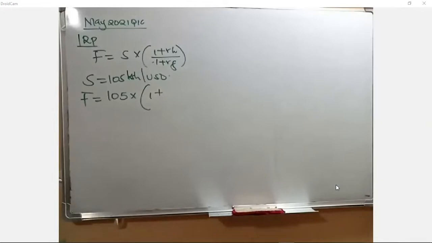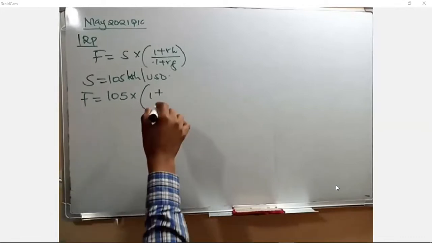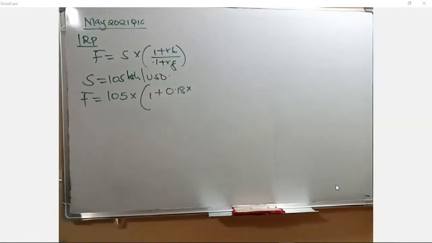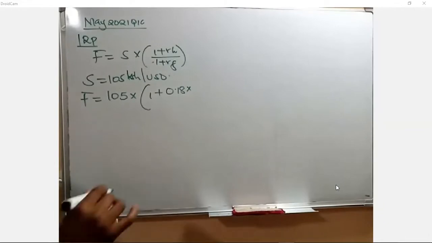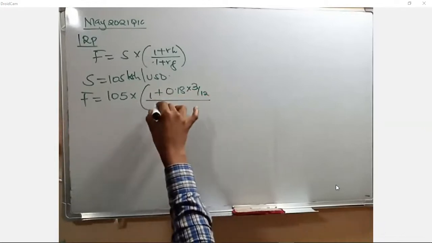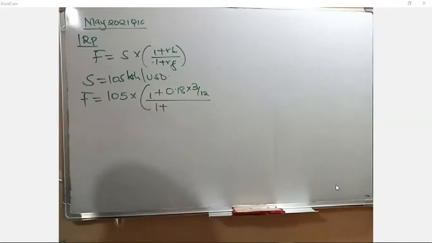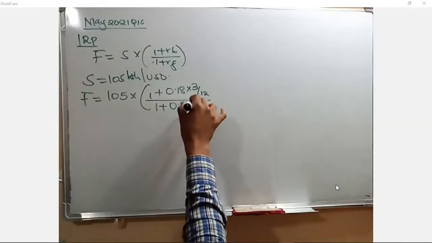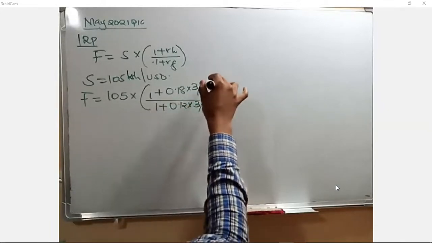In this case, we are discussing the weaker currency, and we are talking about Kenya, 0.18 times the period. For the forward exchange rate, we are discussing only 3 months, 3/12. You divide by 1 plus the foreign currency, which is the stronger currency, 0.12 times 3/12.